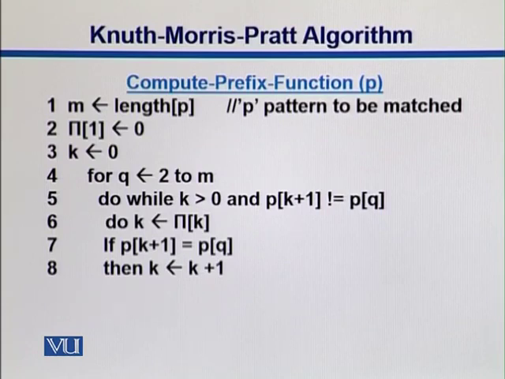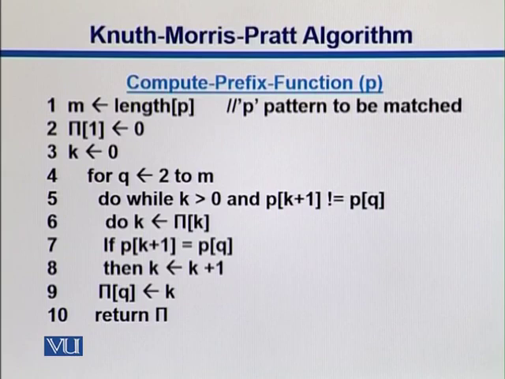So in case of a match, k will be k plus 1, and we will take that value of k and store it in pi of q. And in the end, we return the pi. So in this way, in the prefix function, we get the prefix, and the return is this pi.